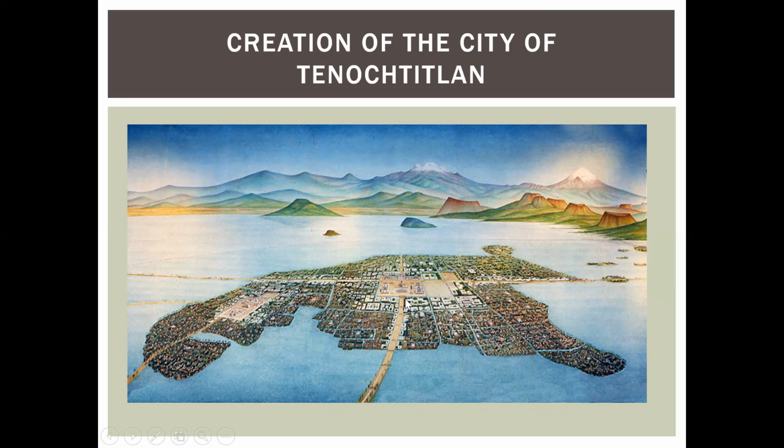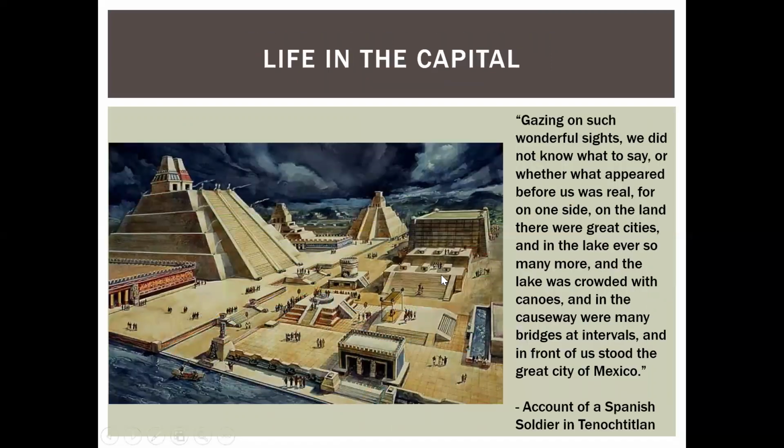They could pull up the bridges and be very protected from outside attack. It was an incredibly advanced city, the capital Tenochtitlan. It astounded Spanish conquistadors when they conquered. So if you want to pause the lecture and read this quote, I would do that.